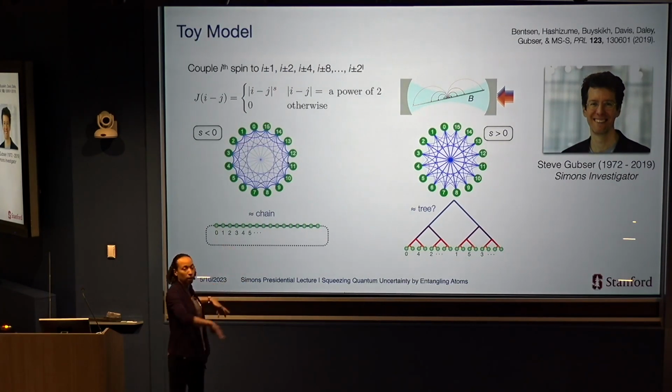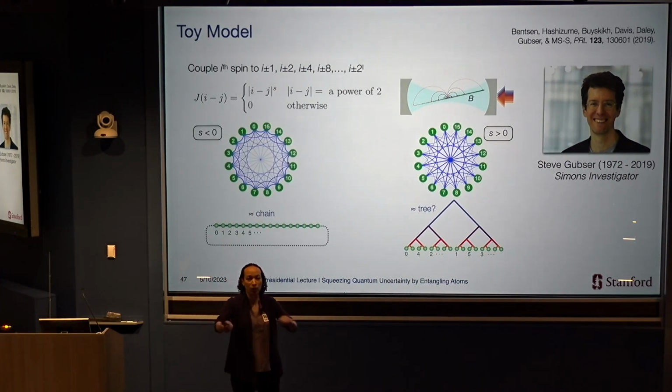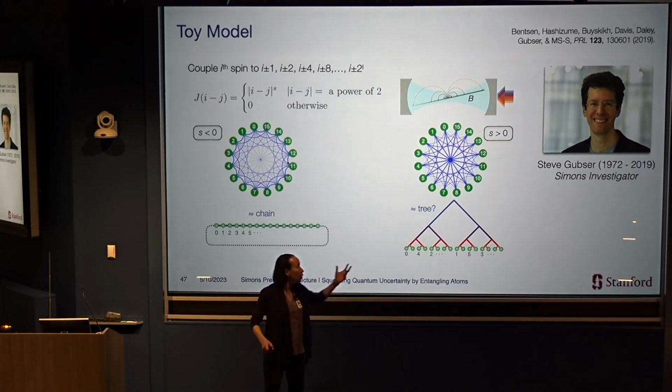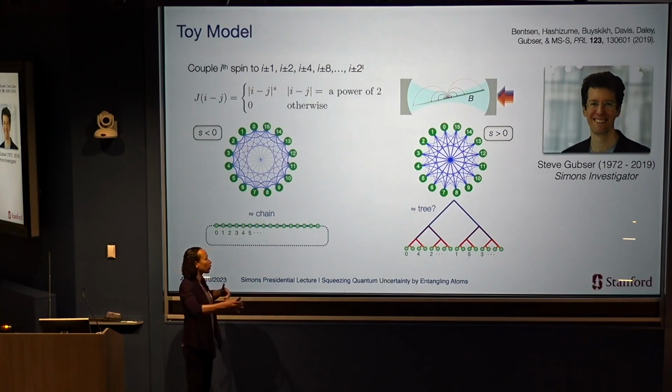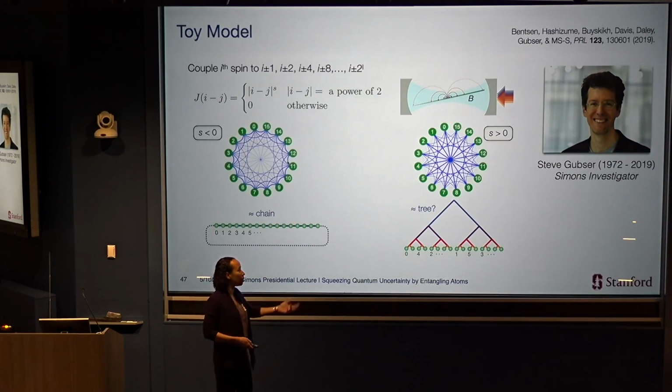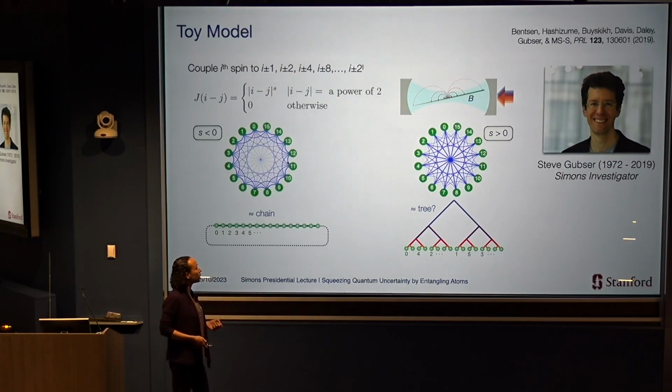It's a sort of exotic model when you write it down on paper. It involves sites with interactions only at distances that are powers of 2. There's some tuning parameter that says, do the interactions shrink or grow as a function of distance? These are things that you won't find in a material that you pick up in nature, but that we can engineer in the lab.